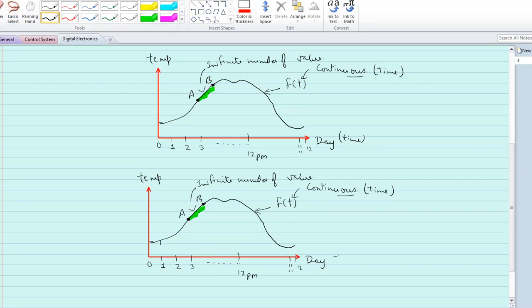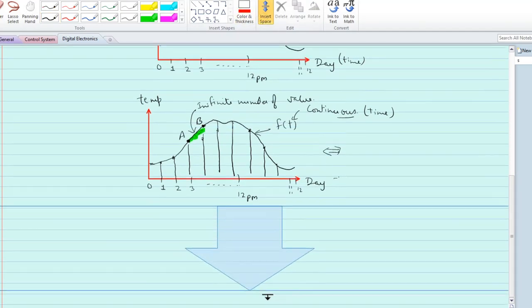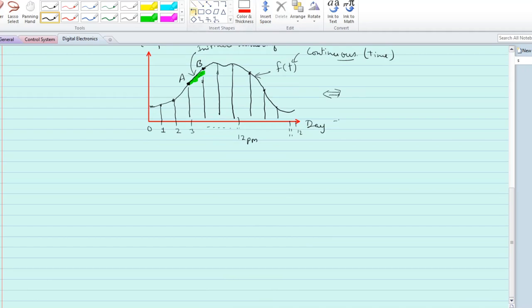Let us suppose after every hour, like this. Then your signal now becomes, that is we represent it here downwards, the same signal is now converted into a discrete signal having values at some regular intervals like this.